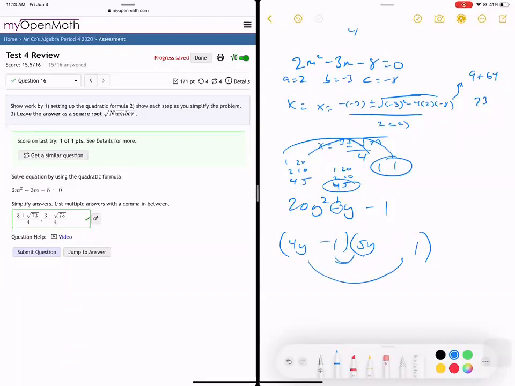So 5 would have to be negative and 4 is going to be positive. To solve for 0, we make 4y minus 1 equals 0 and 5y plus 1 equals 0. So that's going to be 1 over 4 and negative 1 over 5. Okay, Jasmine.